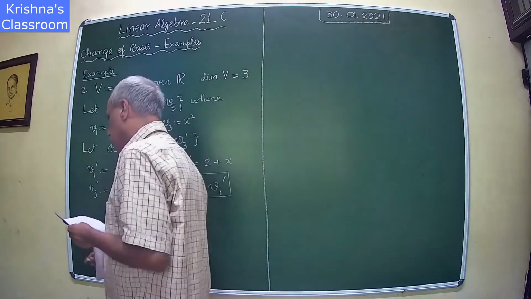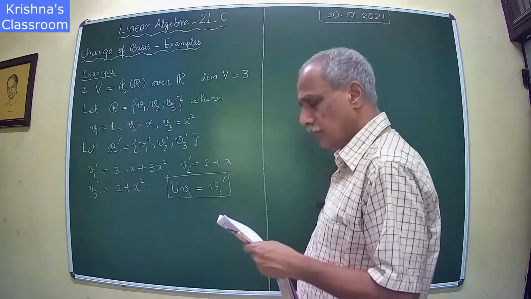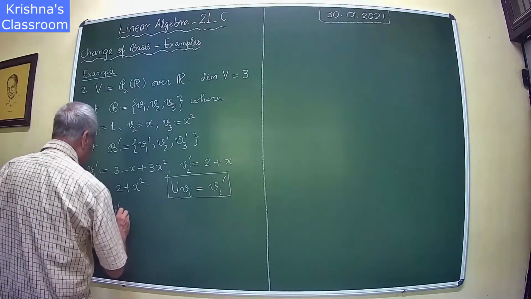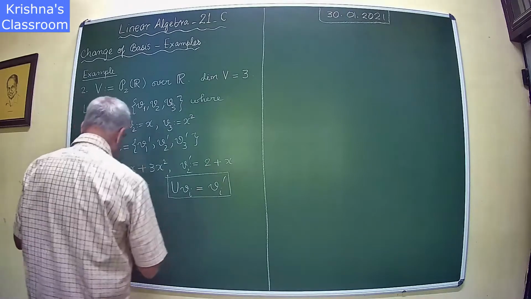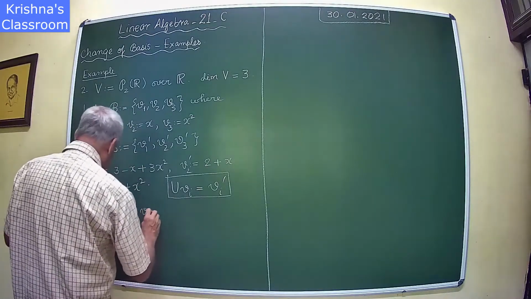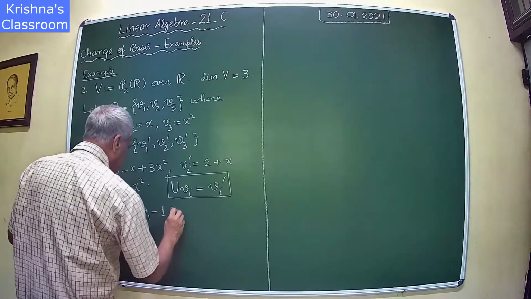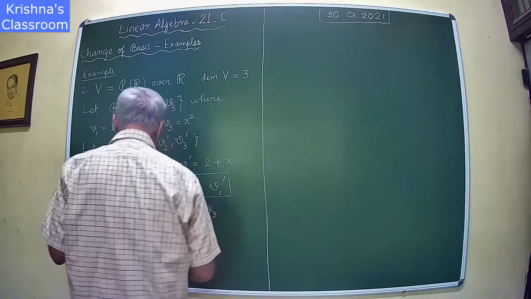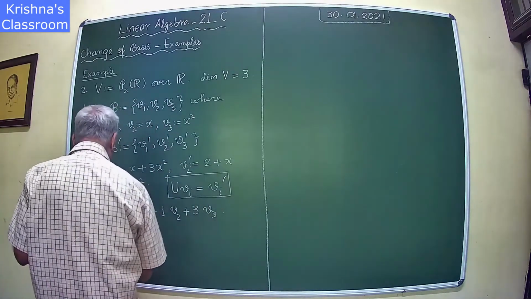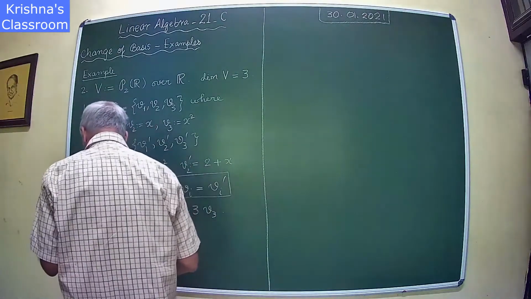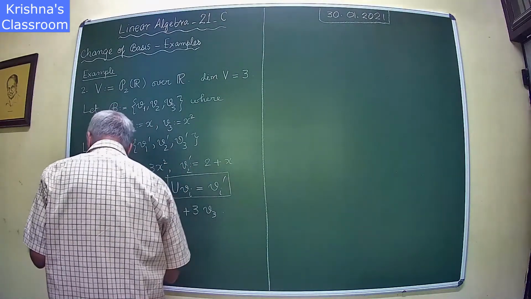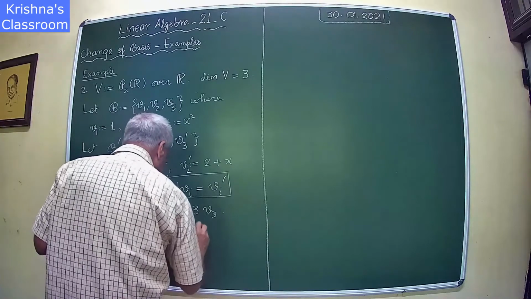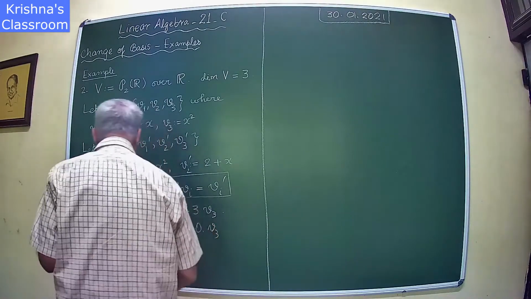Let us write down Vi prime in terms of V1, V2, V3. So we know that V1 prime is equal to 3V1 minus 1 times V2 plus 3 times V3. V2 prime is equal to 2V1 plus 1 times V2 plus 0 times V3.